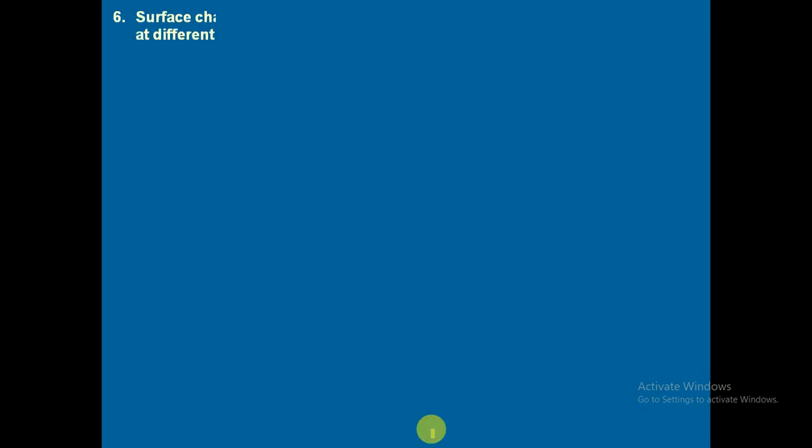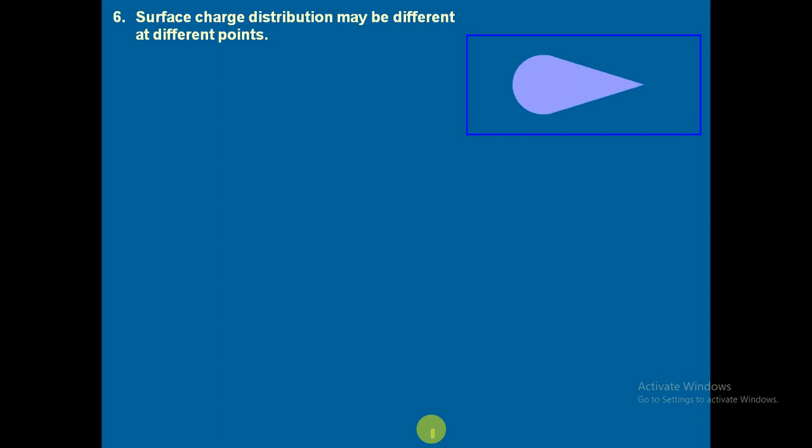So the next point is, surface charge distribution may be different at different points. When the charge is distributed on the surface, it has a surface charge density. Depending upon the shape of the conductor, the surface charge distribution may be different at different points.